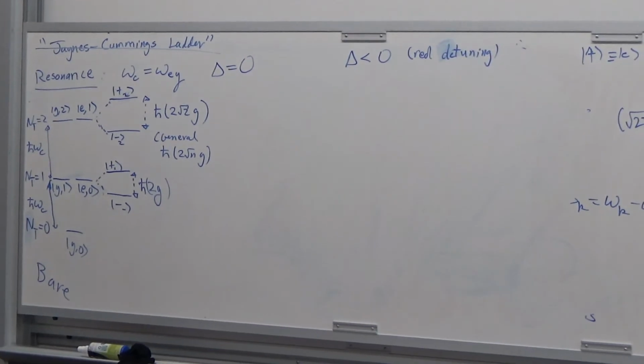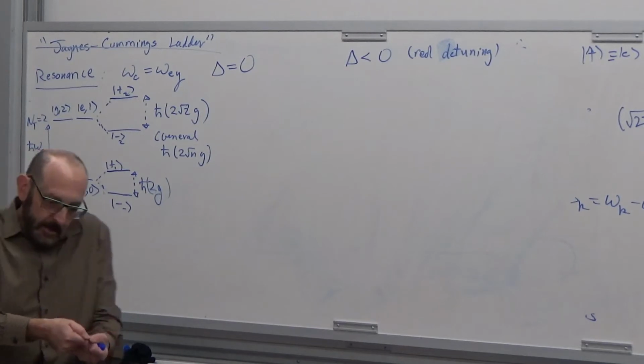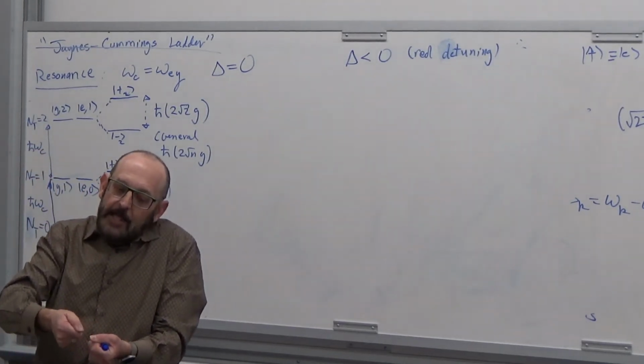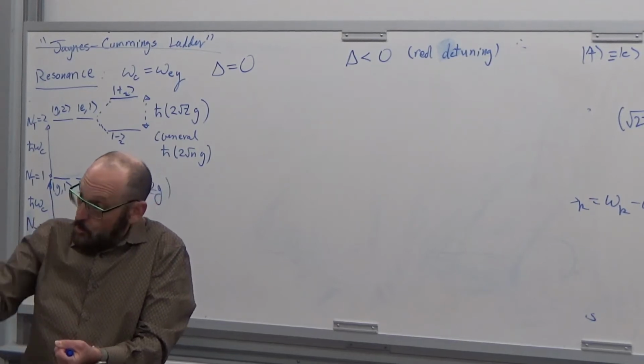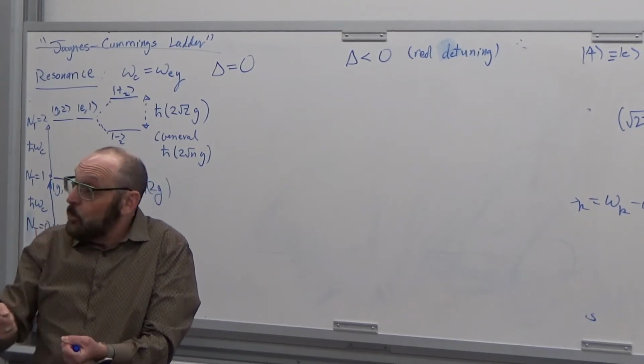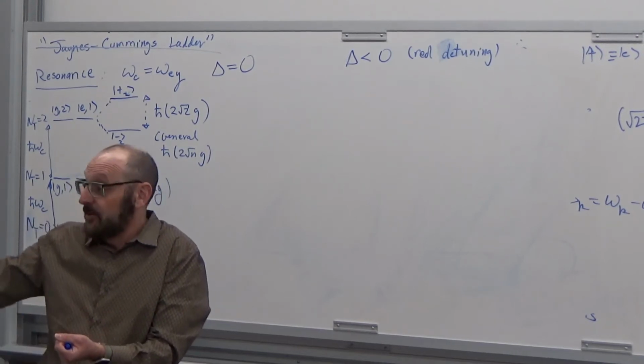Yes, sir? Where does this nonlinearity come from? It comes from the fact that the atom is a saturable absorber. So the atomic response, one way of looking at it is that you're pulling the electron away from the nucleus, but because of the Coulomb force, that is a very nonlinear thing.